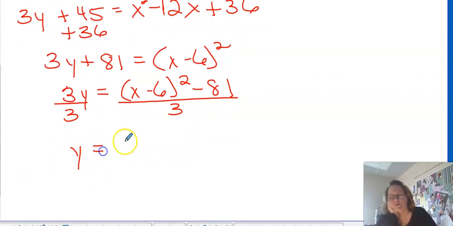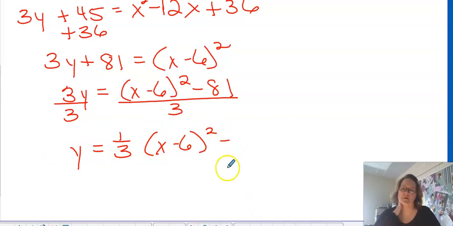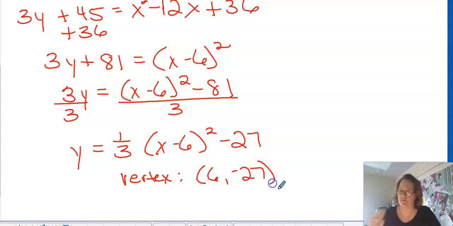Y equals 1/3 x minus 6 quantity squared. And let's say 81 divided by 3 is 27. So your vertex, this is vertex form. Vertex is 6, negative 27. Let's see if that's what my key says. 6, negative 27. Yep. Okay.